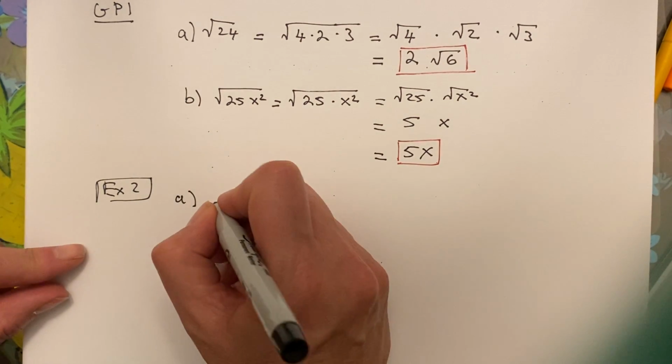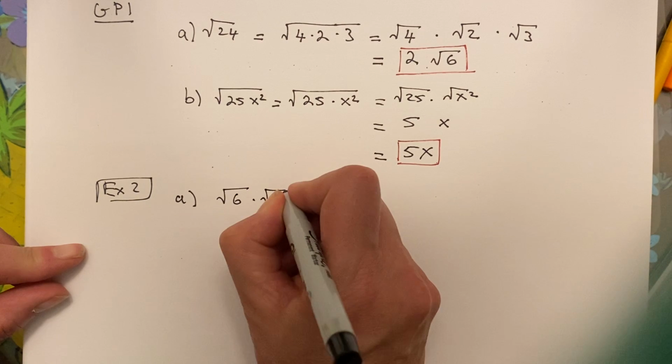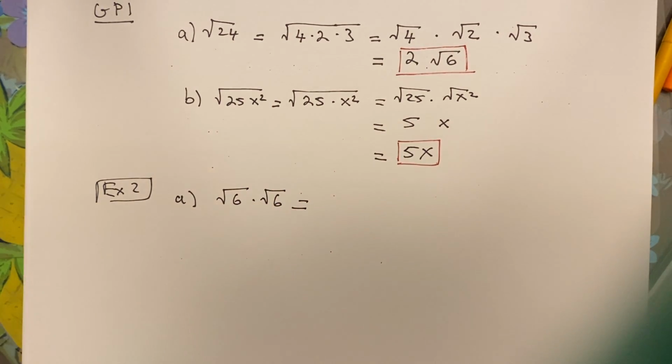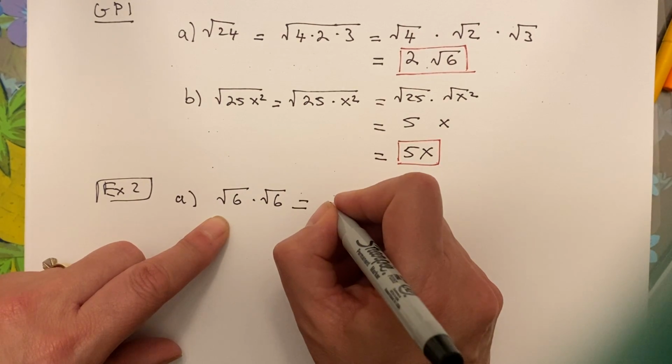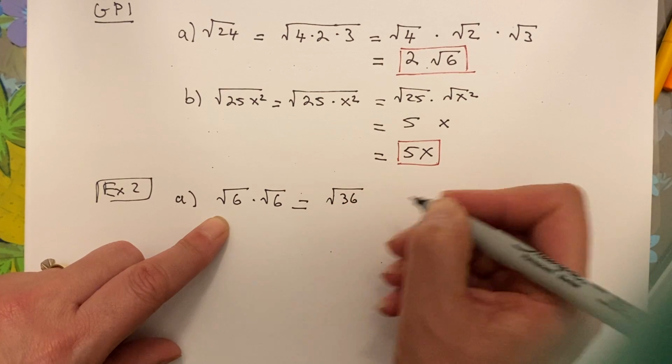Say I have the square root of 6 times the square root of 6. And if you're tempted to ignore this and say it's too simple, understand that this is going to help you solve a lot of problems, so pay close attention. When I multiply the square root of 6 times the square root of 6, I end up with the square root of 36.